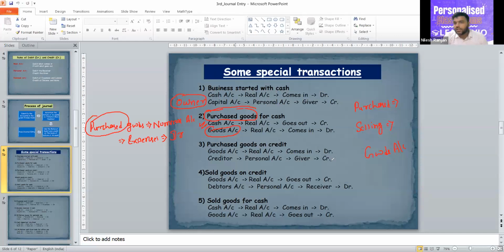Now, in the previous class, I gave you some homework: single entry and the difference between single entry and double entry. Have you tried? I've sent you the picture, sir. Did you write the answer?